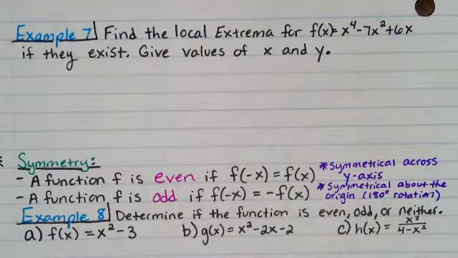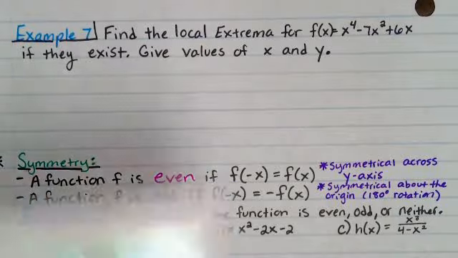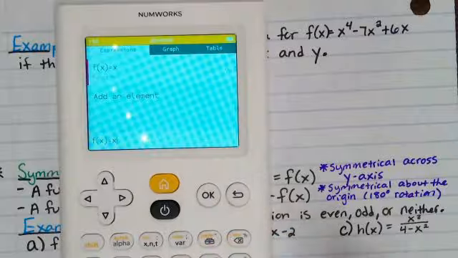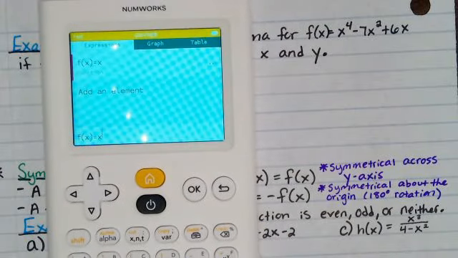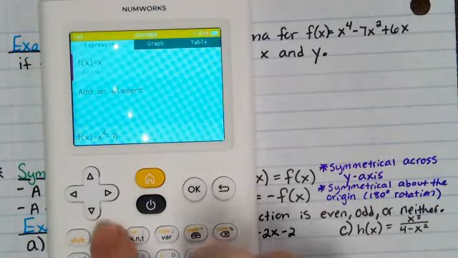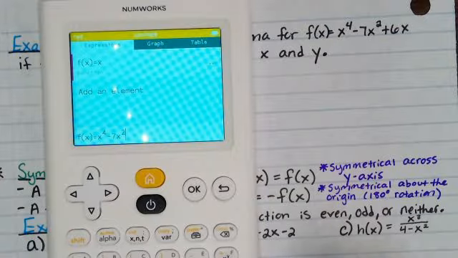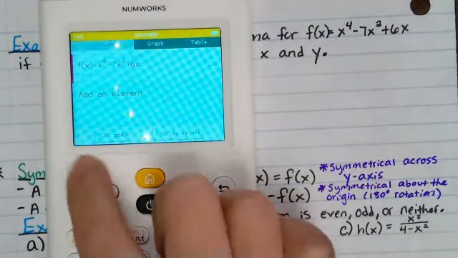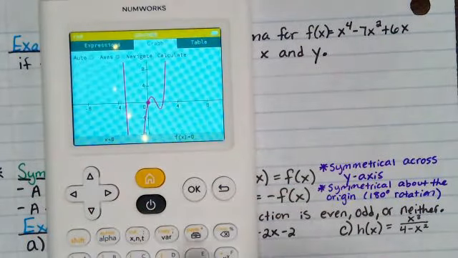For a problem like this, I would go into your calculator and start plugging in x to the 4th minus 7x to the 2nd plus 6x, and then look at your graph.